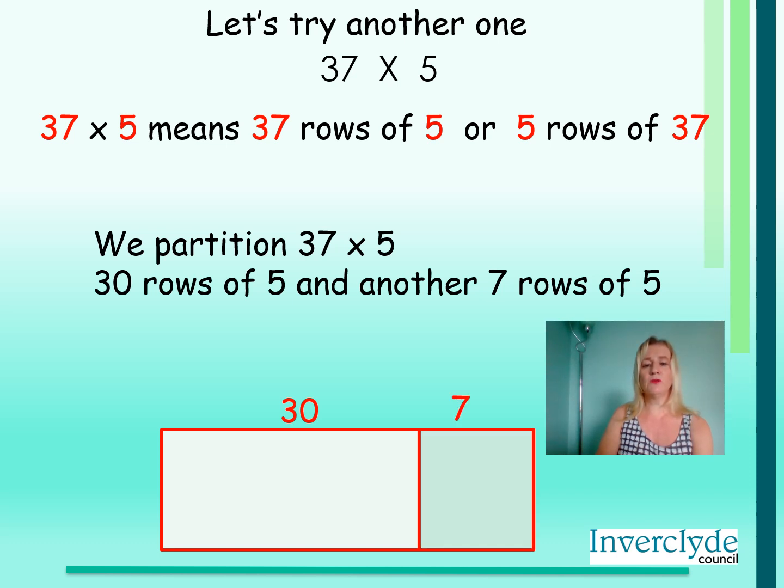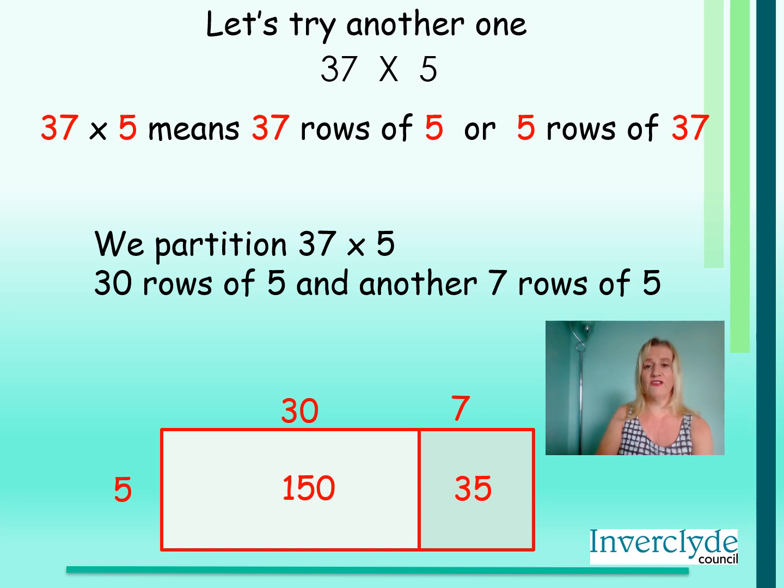Now we're ready to multiply each of those digits. 5 times 30 is 150, and we put that answer inside the area model. 5 times 7 is 35, and now we work out what 150 plus 35 is, because that will give us the answer to 37 times 5. 37 times 5 is 185.